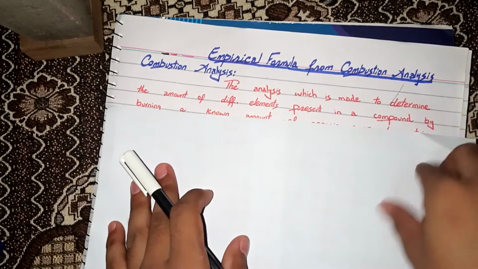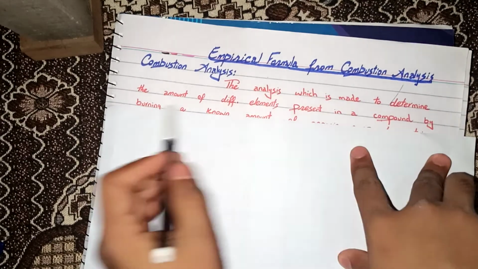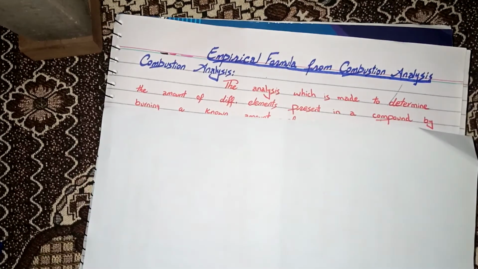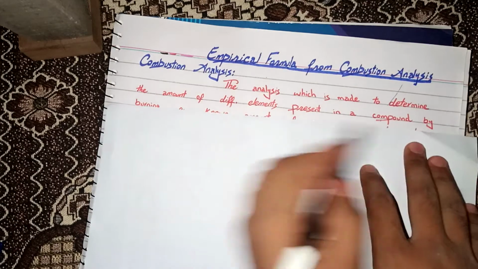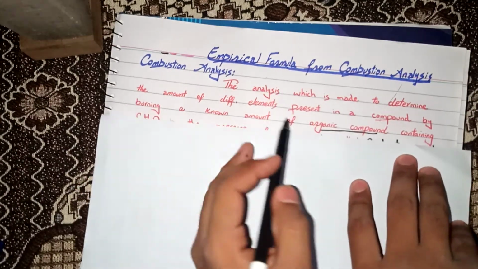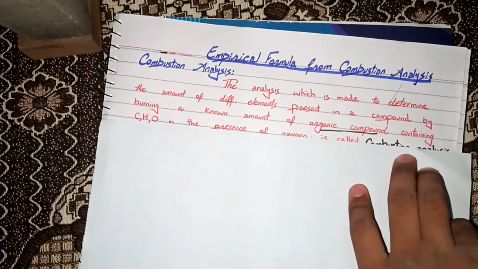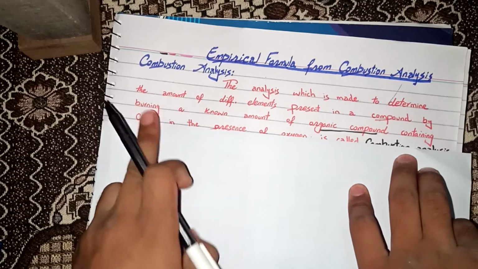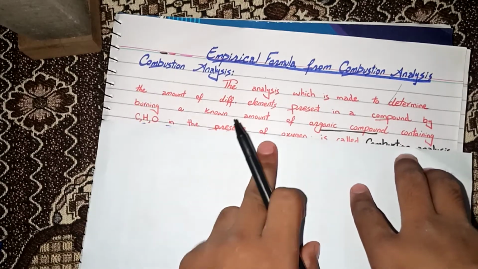Combustion analysis is made to determine the amount of different elements present in a compound by burning a known amount of organic compound containing carbon, hydrogen and oxygen in the presence of oxygen.